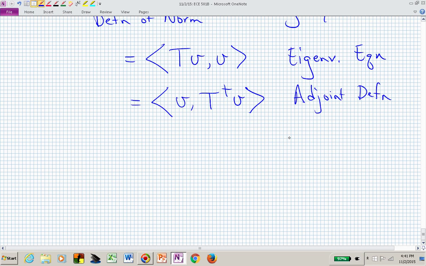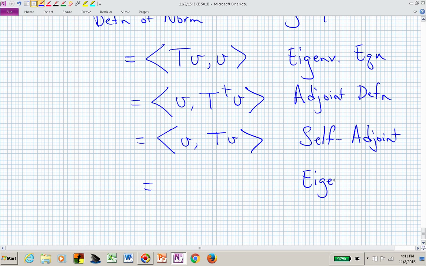But now if I know that T is self-adjoint, what does that mean for the next line? I can replace T dagger with T, so that now if I go back and use the eigenvalue-eigenvector equation again, I've now slid lambda into the second slot.